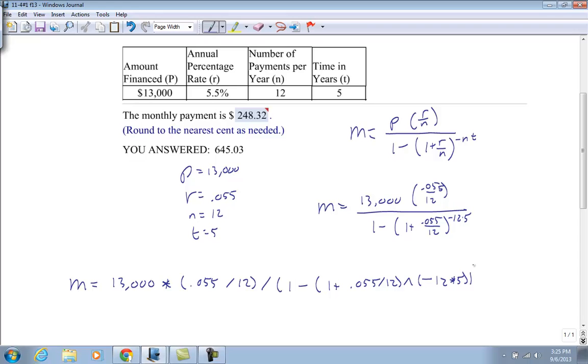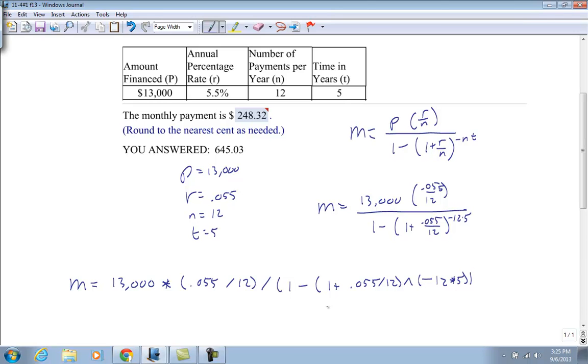So I'm going to put it in my calculator: 13,000 times 0.055. Divide that by 12. I'm going to divide that result by parentheses 1 minus 1 plus 0.055 divided by 12, to the power of parentheses negative 12 times 5, close parentheses, close parentheses.